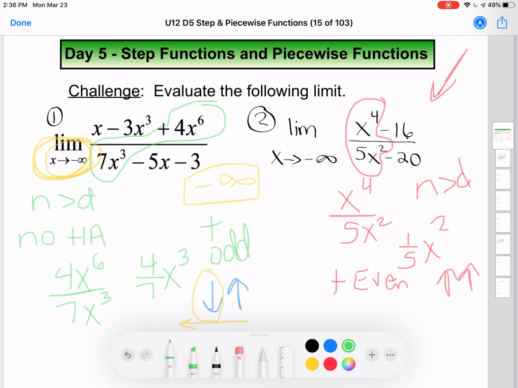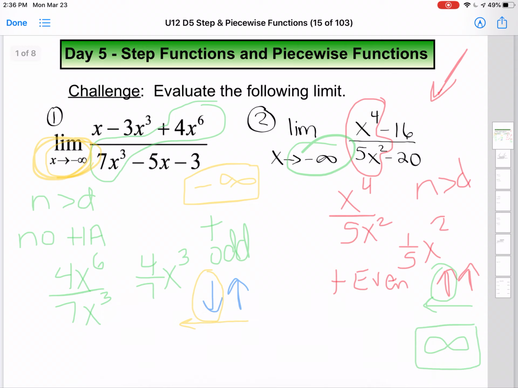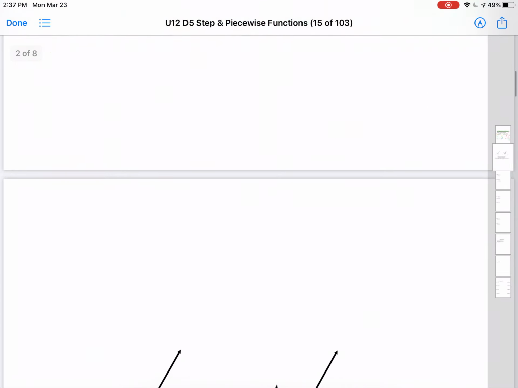So it doesn't really matter which infinity I'm going to. The answer is going to be positive infinity, but we'll do it anyway. I'm headed towards negative infinity. That's this way. So the graph is headed towards positive infinity. There we go. All right, so that's just a little recap of yesterday's lesson.